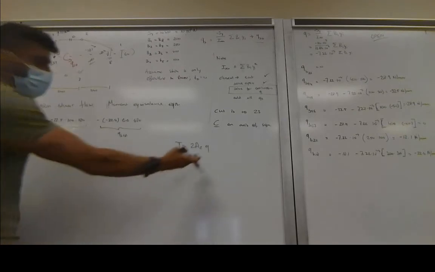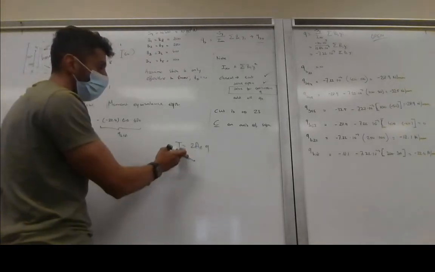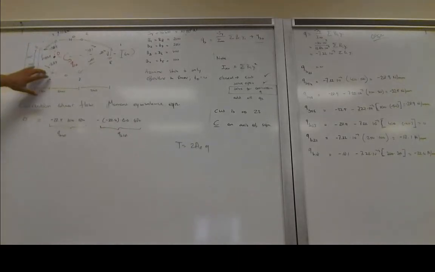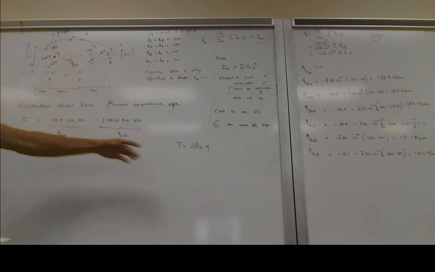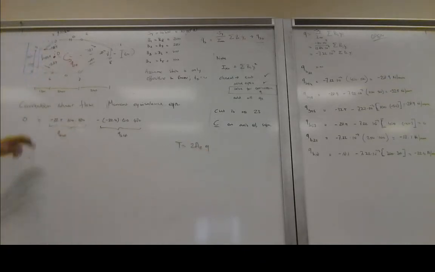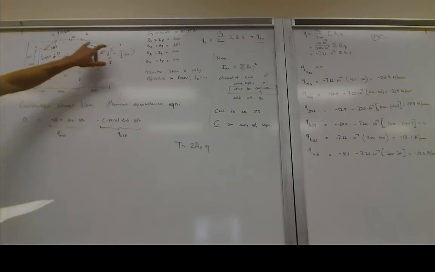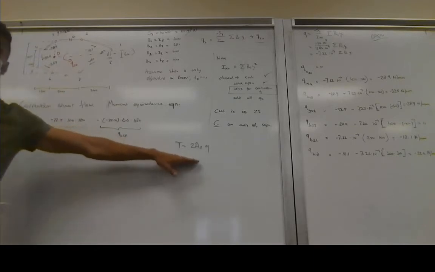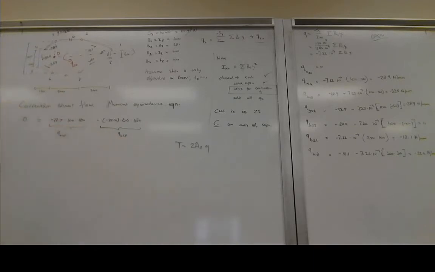And this was a constant, and we said that torsion created a constant shear flow. Now we have a constant shear flow, and I want a moment around the point O. So how I can calculate that is by using this principle as well. So he calculates the contributing moment from 5, 6, 7, 8, and of course 1, 2, and 3, 4 by using this principle without explaining it.